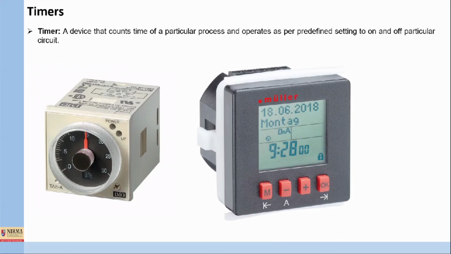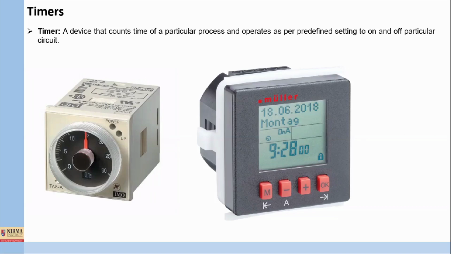For example, while we are going for a star-delta starter of a three-phase induction motor, normally what happens is that initially the motor needs high torque just to start. If we connect it through a delta connection, the motor will draw huge voltage and huge current that may damage the motor.